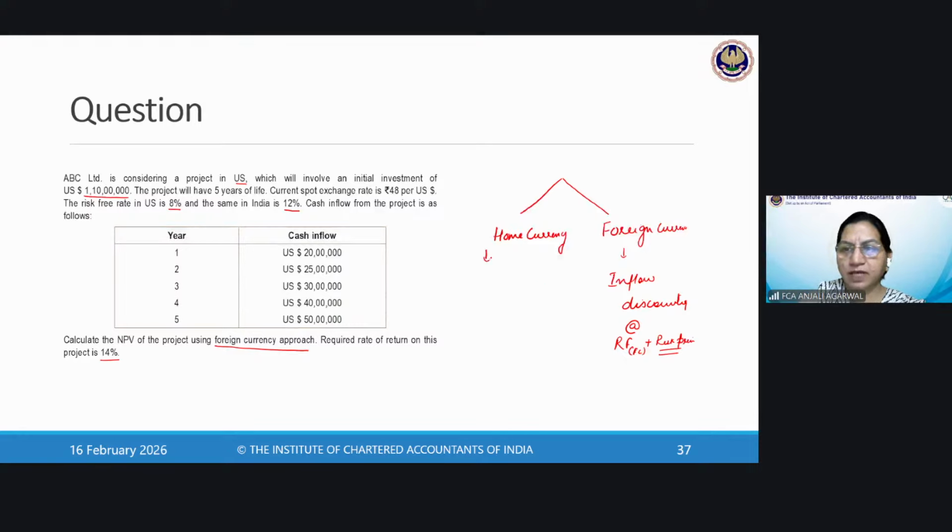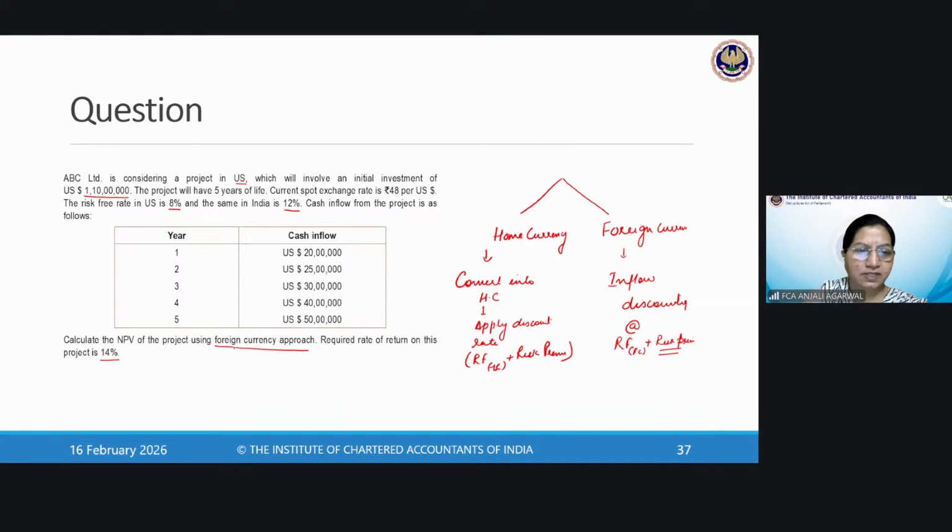If it is to be calculated in home currency, first convert the inflows and outflows into home currency and then apply the discount rate applicable for the home currency, which is the risk-free rate of the home currency plus risk premium.